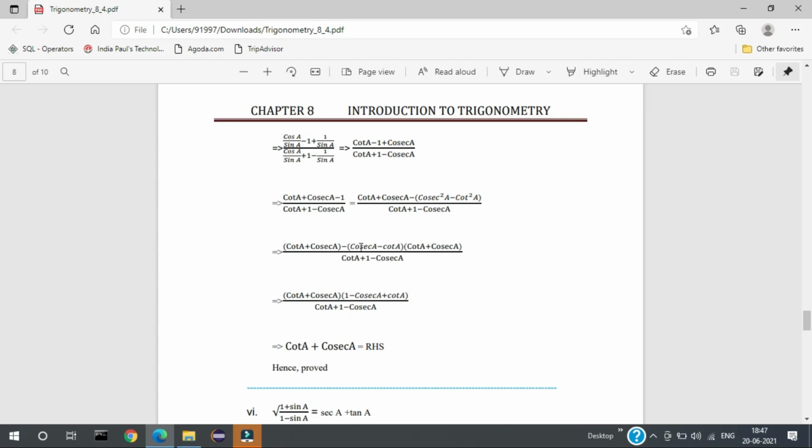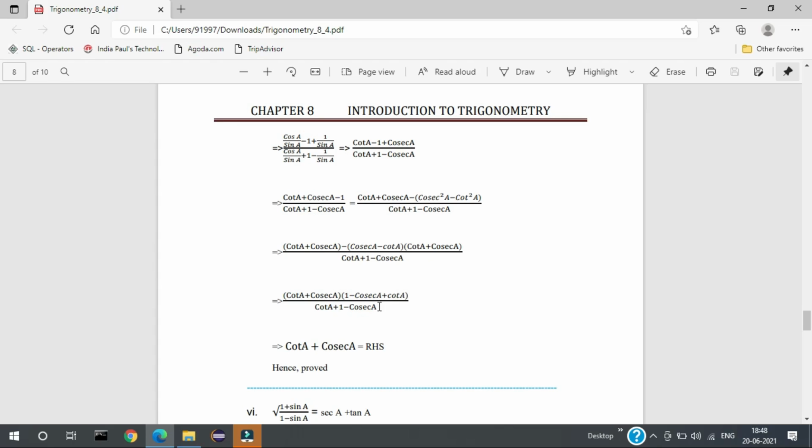So that is written cosecant A minus cot A into cot A plus cosecant A. So coming to the next step, cot A plus cosecant A, this one will come as it is here, minus 1 minus cosecant A plus cot A. So cosecant A minus cot A plus cosecant A will become 1 minus cosecant A plus cot A by cot A plus 1 minus cosecant A.